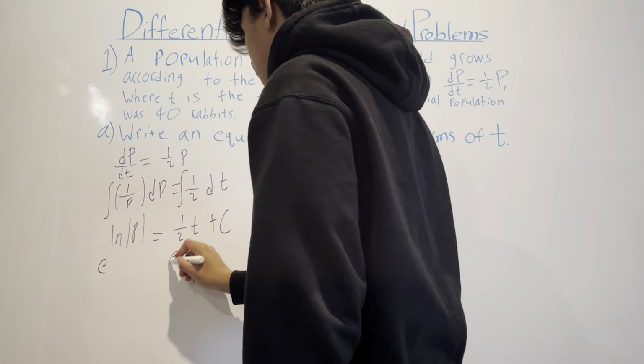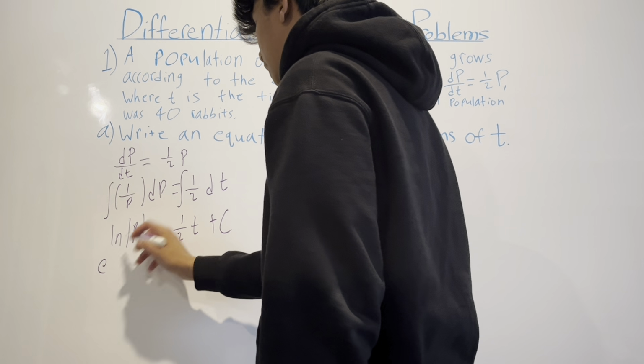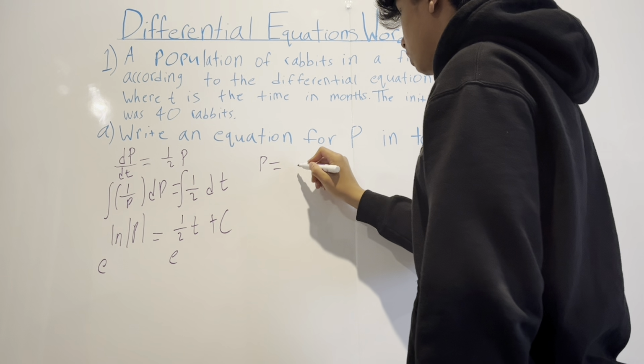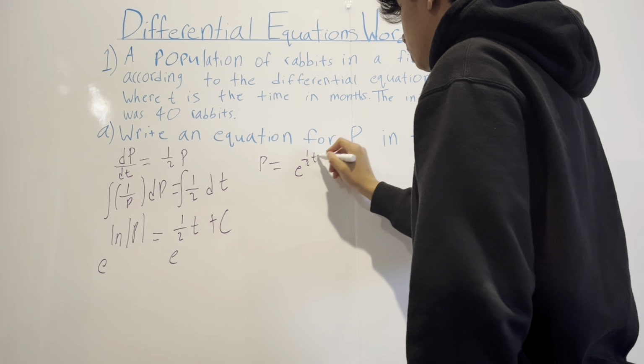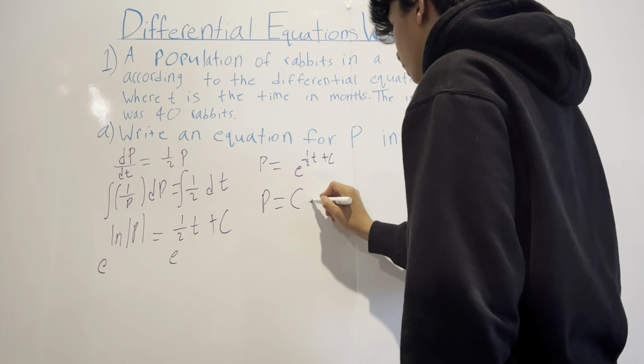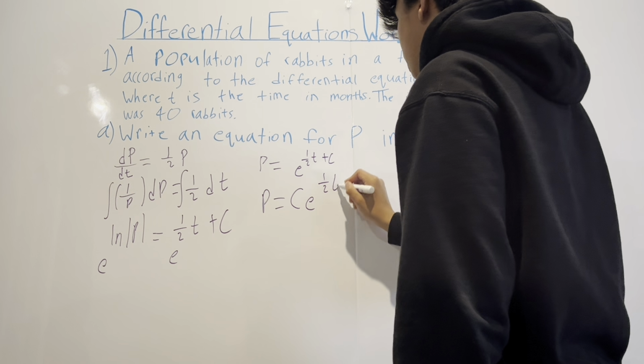So e, and this gets canceled off, so this just becomes p equals e to the 1 over 2 t plus c. And since c is just a constant, we can move it down to be multiplied by the base. So we can just say p equals c e to the 1 over 2 t.